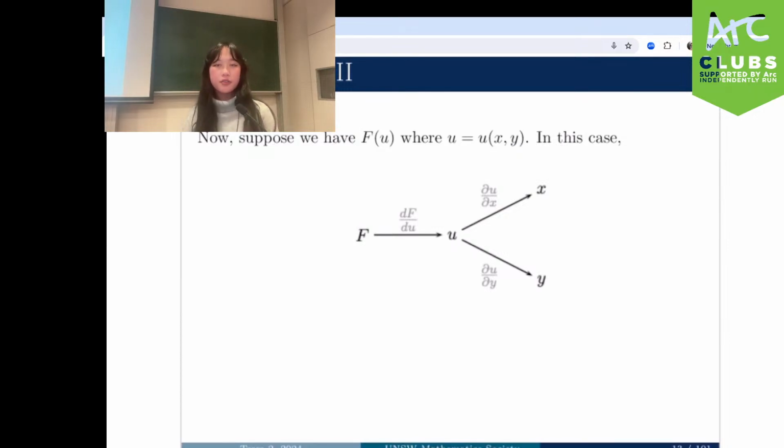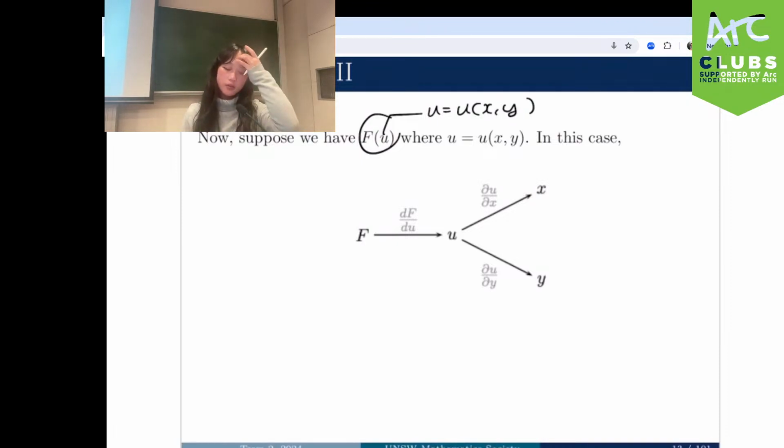So let's look at another scenario where, again, our little technique of finding as many paths as we can is useful. Let's say that we have f, which is a single variable function, but this variable is a multivariable function. So f is only in terms of u, but u is in terms of x and y. So something like this, okay?